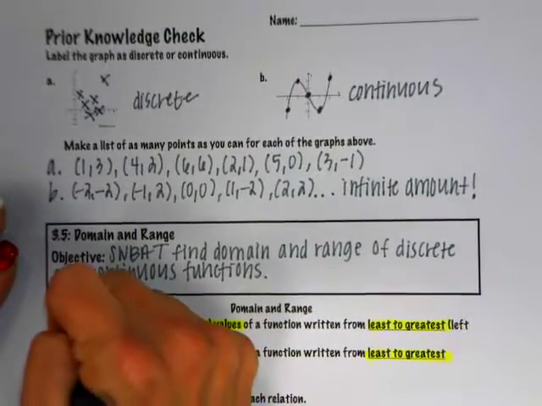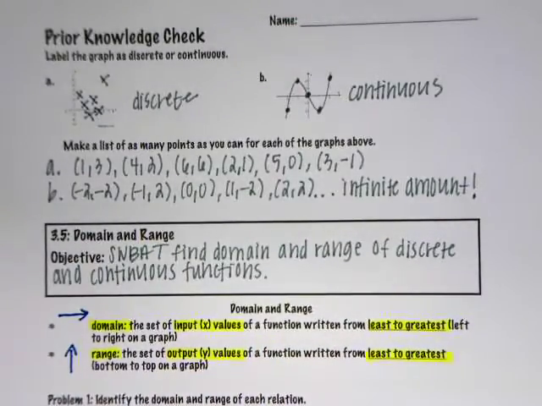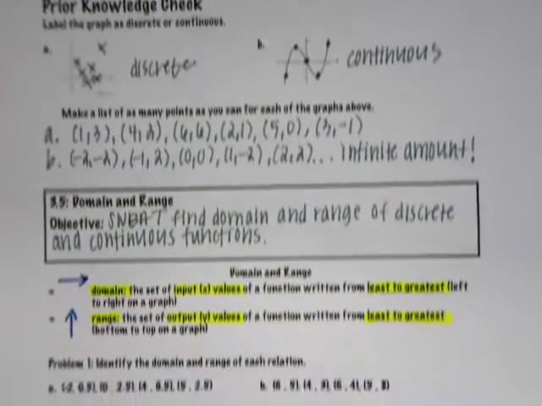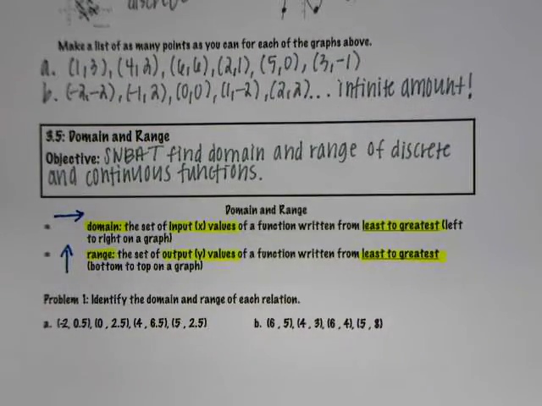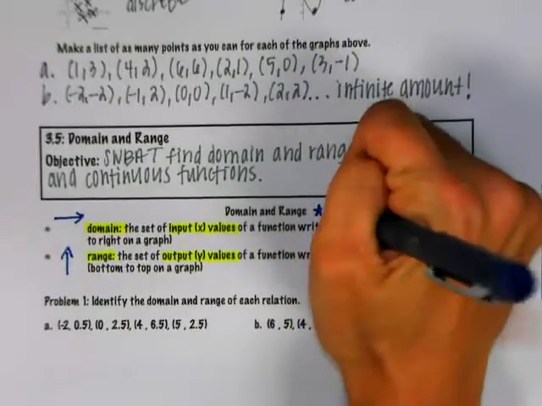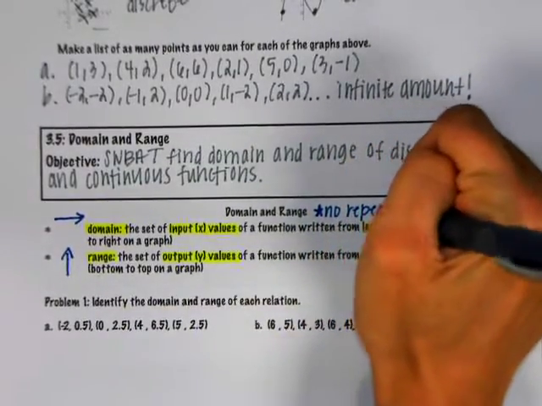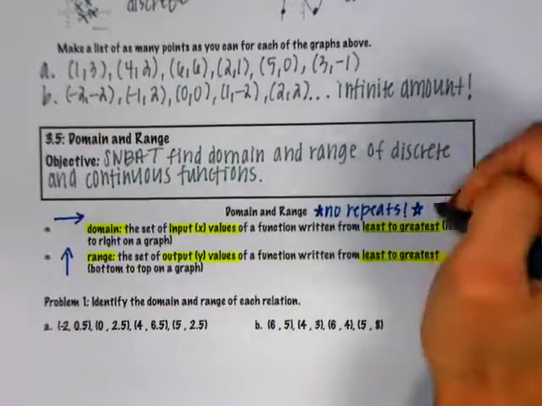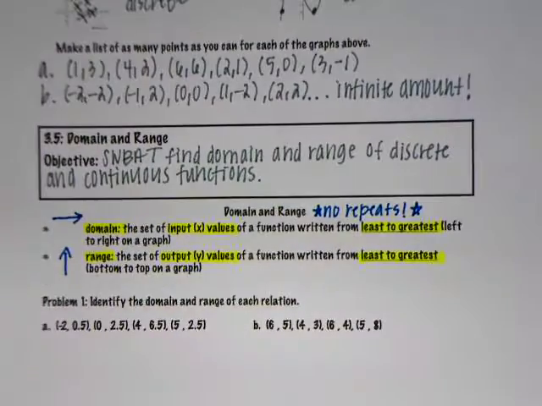Range is written from bottom to top, least to greatest. And also we don't repeat. So smallest to biggest and then no repeats. If something's listed twice, you only write it once.